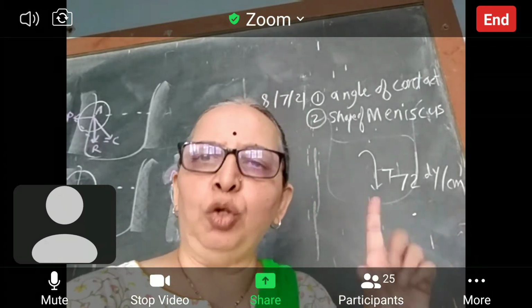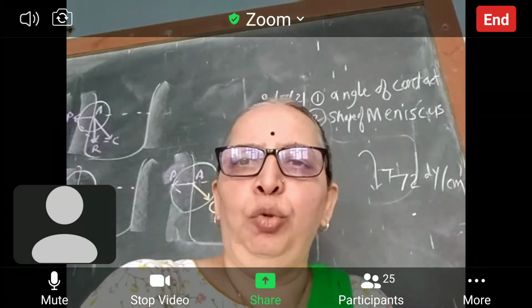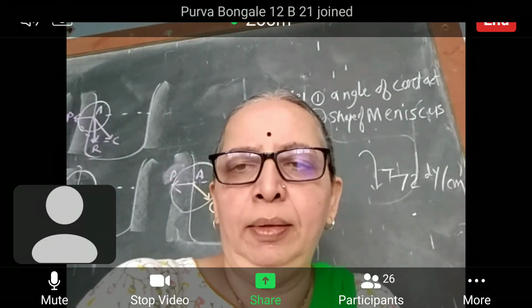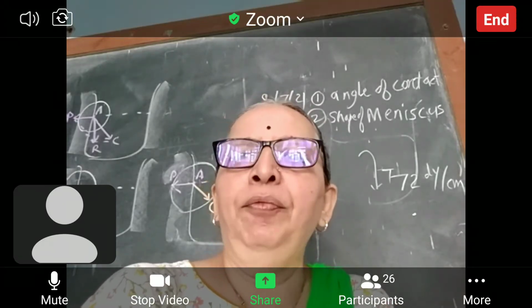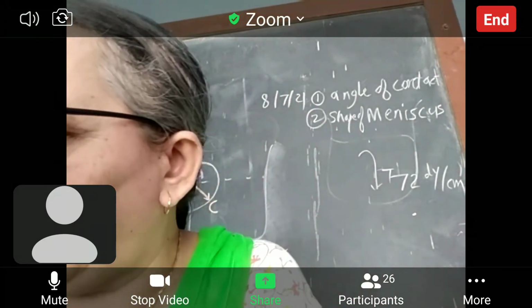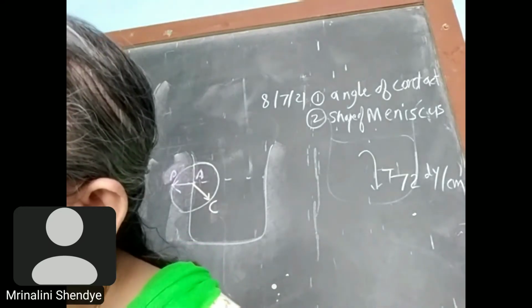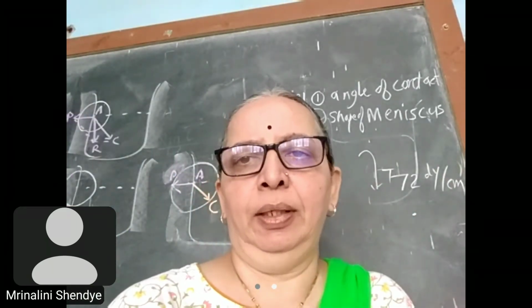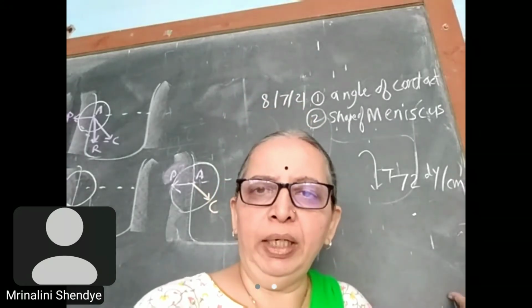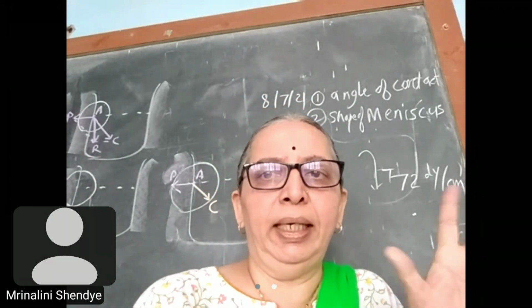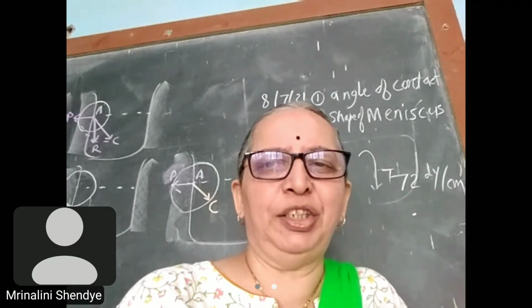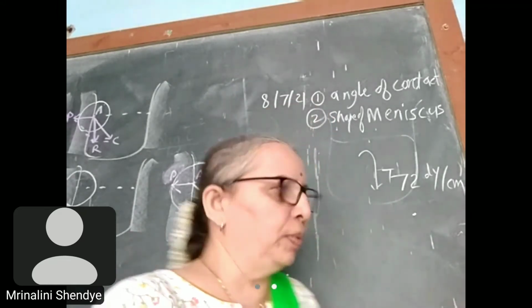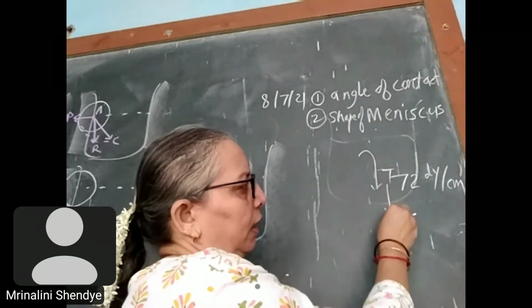So for highly soluble impurities, like salt in water, for example, when soluble impurities are added, surface tension definitely increases. If the impurity is not highly soluble, it is sparingly soluble, partially soluble, then it is observed surface tension decreases.